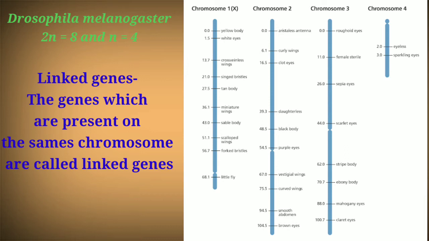And this distance between the linked genes determines the degree of the linkage strength, or how strongly they are linked with each other. It is said that the closer the distance, the more is the linkage, and the more widely located the linked genes are, the weaker the linkage they show.